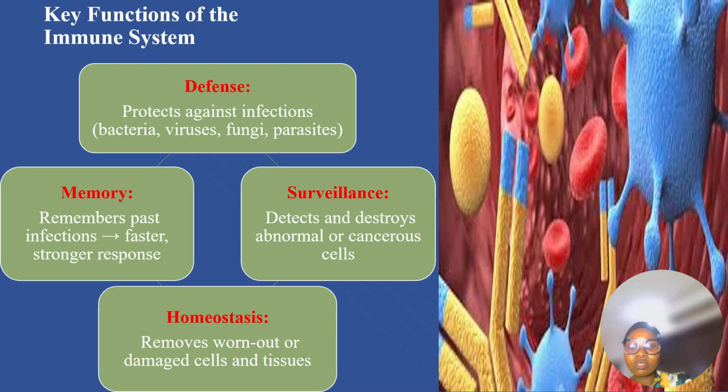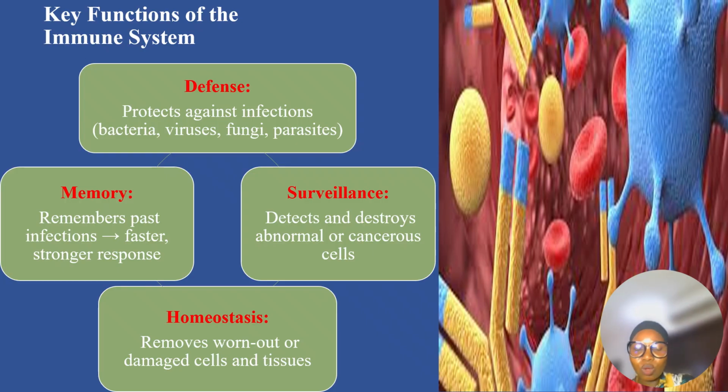They also survey, just like an intelligence officer who is always on patrol, watching out for abnormal or dangerous cells like cancer cells and eliminating them before they cause harm. Then they serve as homeostasis, which is like a clean up and repair crew, removing damaged or old cells, just as the army clears debris to keep its base safe and functional.